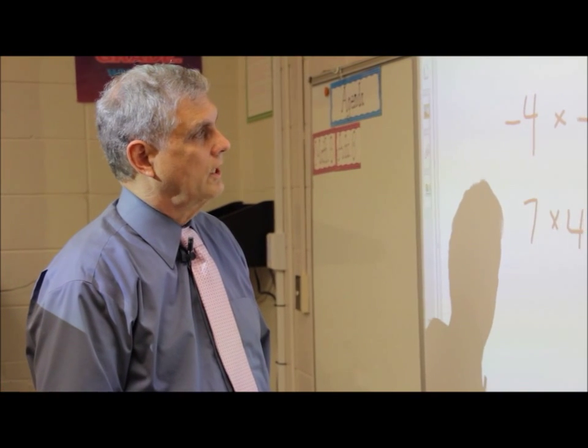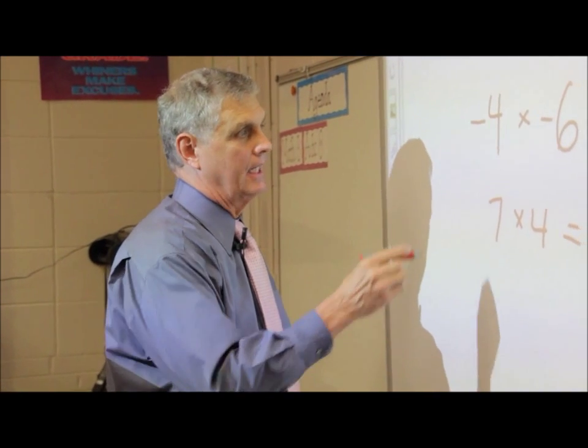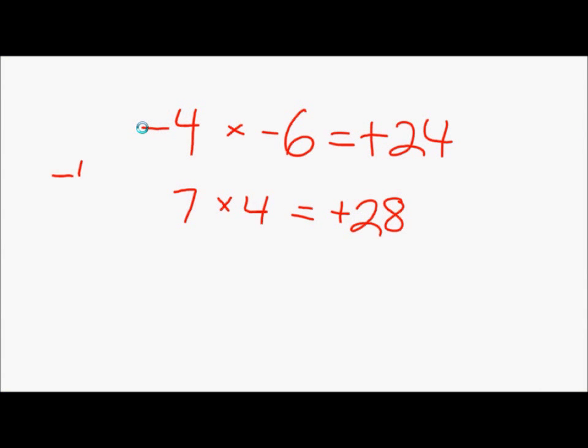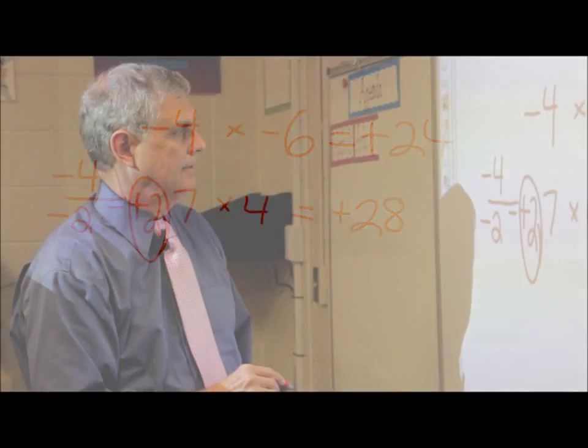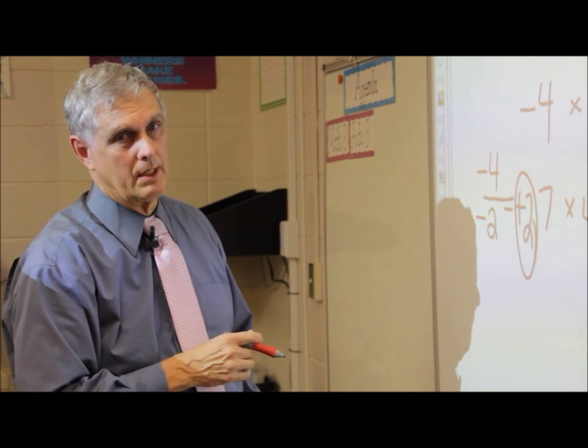Okay, so let's look at what happens if you divide. With like signs, if we've got a minus 4 divided by a minus 2, it's the same rule. You're going to get a positive answer. You take 2 into 4 and you get 2. So your answer would be a plus 2. And of course, if they were both positive, then you'd also get a positive answer.